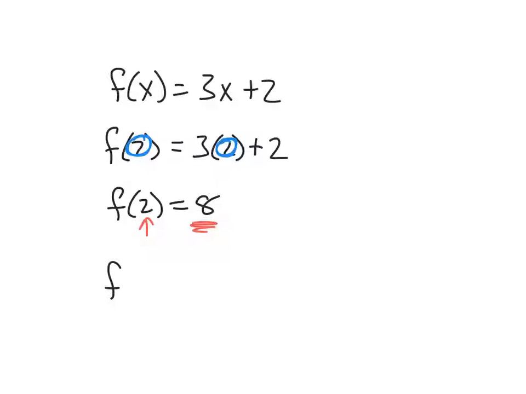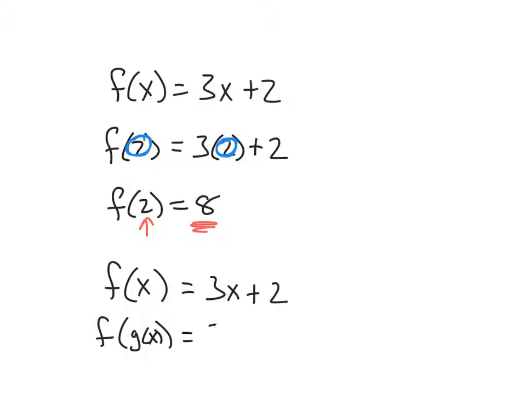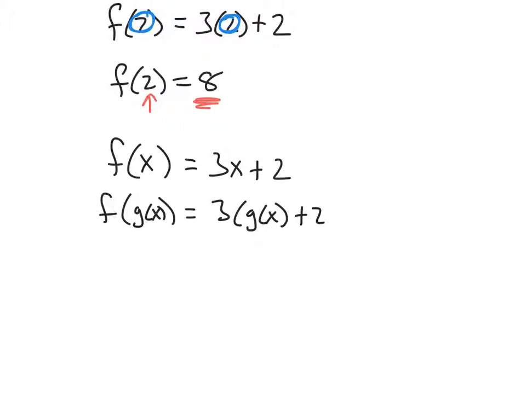So for example, f of x equals 3x plus 2. What if I have f of g of x? Then that's going to equal 3 times g of x plus 2. And then we have to know what g of x is. Let's say, for example, that g of x was 3x.